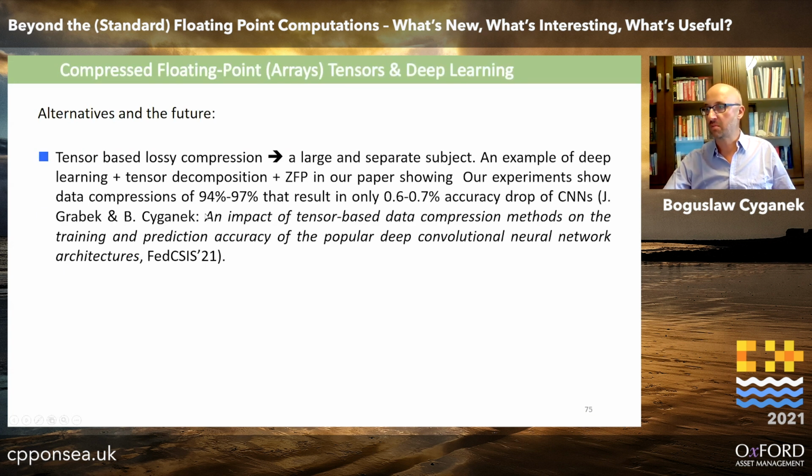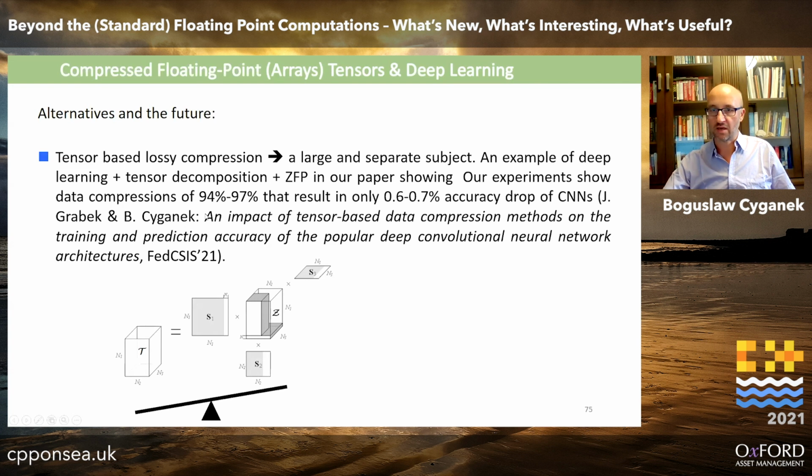Alternatives: we use the ZFP library in our system for data compression. We use tensor decompositions like this. If we take a multidimensional cube of data and we decompose it in some way, the decomposed parts weigh, more or less, fewer bytes than the original data.